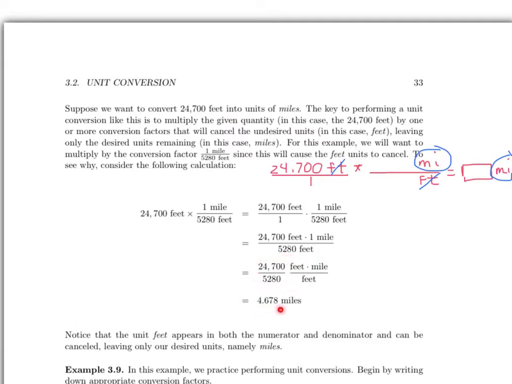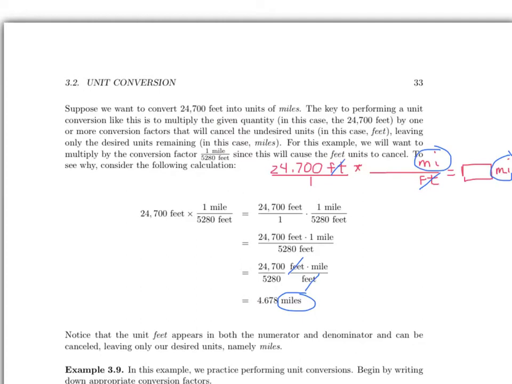That gives us 4.678. And when we deal with our units, the feet cancel, leaving units of miles. So we have shown in this calculation that 24,700 feet is equivalent to 4.678 miles. So we have performed a unit conversion.